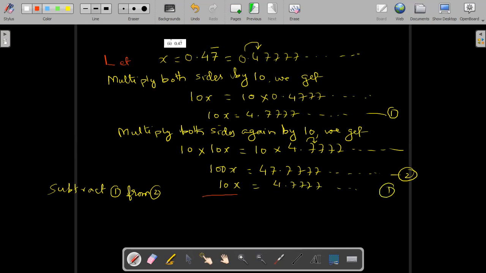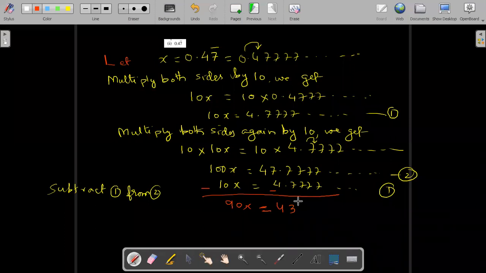So 100x minus 10x is 90x, and 0.77 minus 0.77, the decimal part, will always be removed, and we get 47 minus 4 is equal to 43.